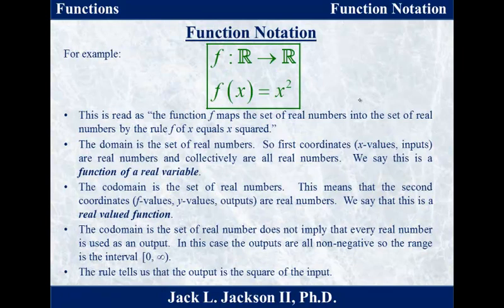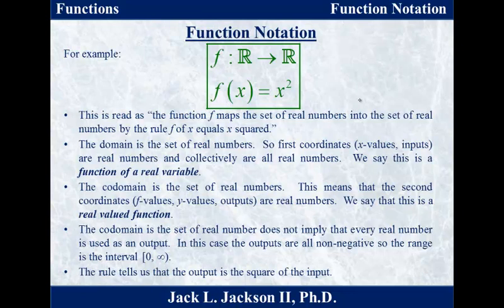Let's look at an example. We read this: the function f maps the set of real numbers into the set of real numbers by the rule f of x equals x squared. Okay, so when I see that first R, that tells me my first coordinates have to be real numbers. So, for example, non-real complex numbers are not allowed. People are not allowed. Desks are not allowed.